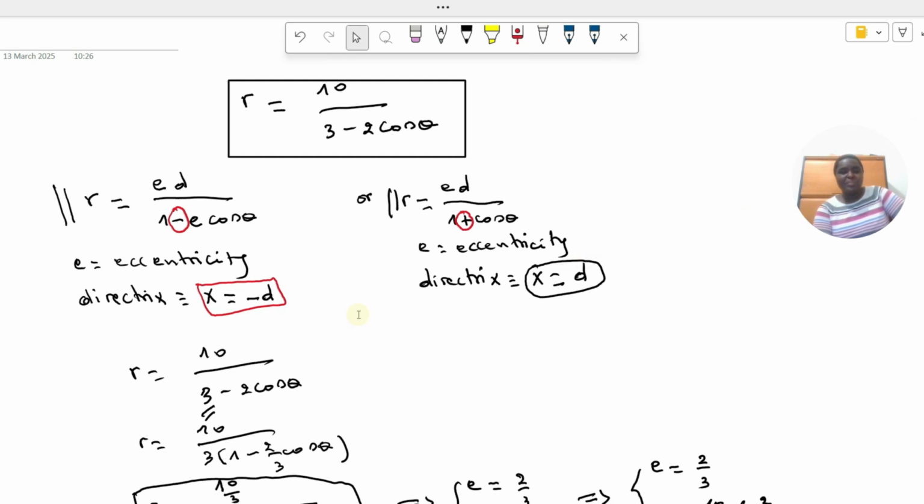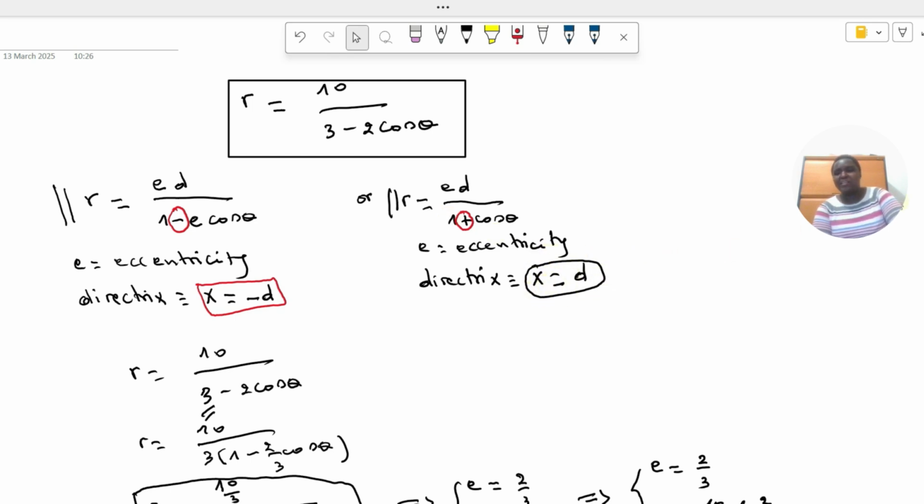So keep in mind that when you have a negative sign here, the directrix will have equation x equal minus d, and when you have a positive sign here, then the directrix will have equation x equal to d.